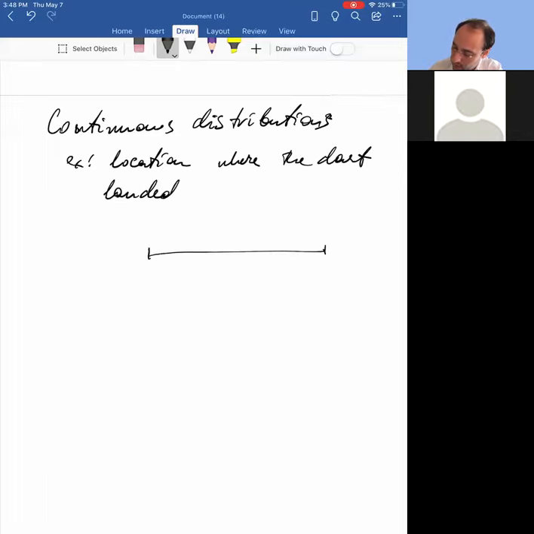Okay, so here's my bar. So this is x equals 0, and let's say this is x equals 1. It's 1 meter long. And if I am an okay shooter, I would get something like that. So outside the probability is 0, right?